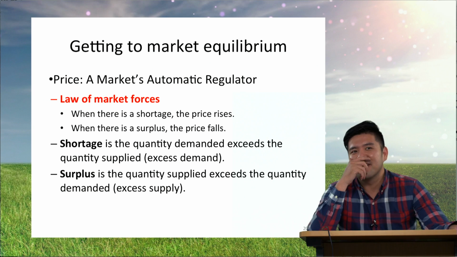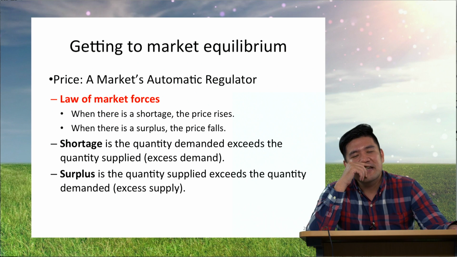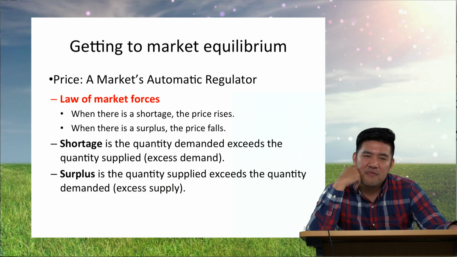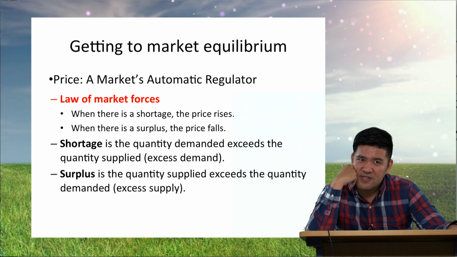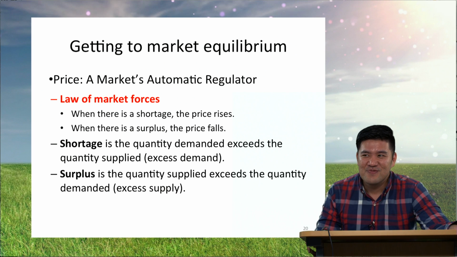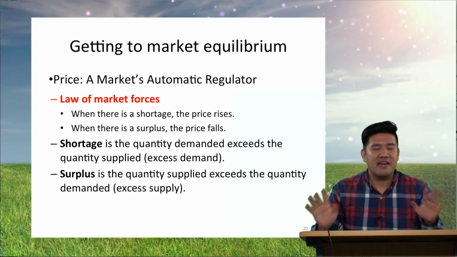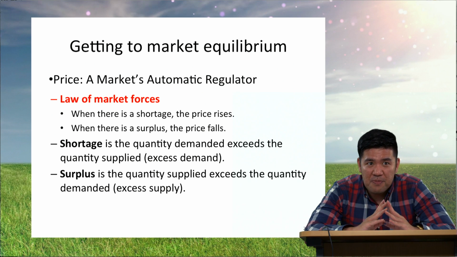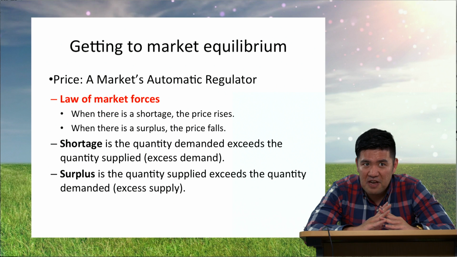Okay, before I go on any further, guys, when something is too cheap, what do you think is going to happen? Shortage or surplus? Shortage, all right? Okay, hang on. Let's think about that again. When something is too cheap, what is going to happen, guys?